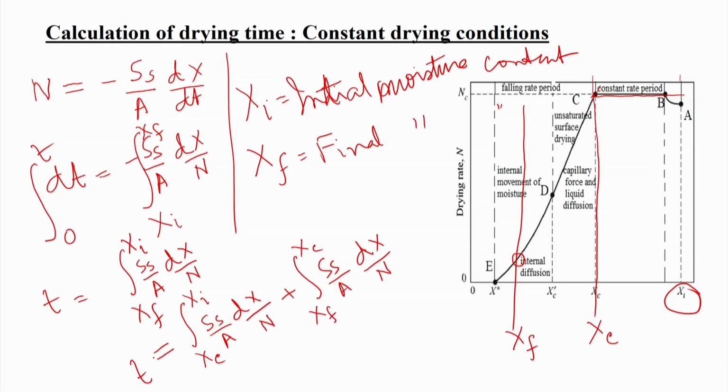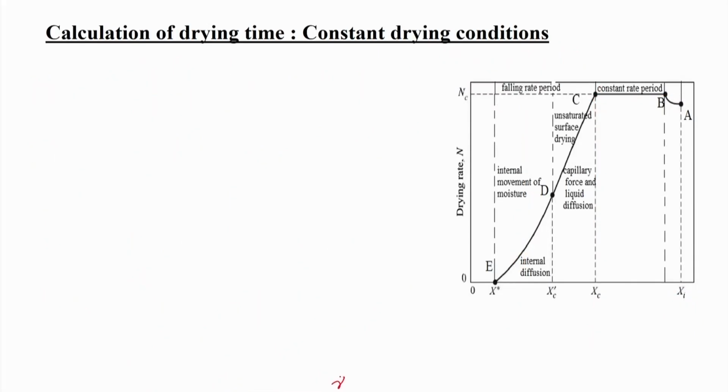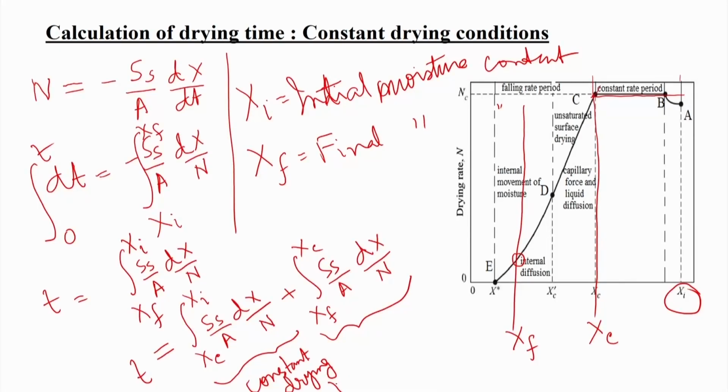This part is for the constant drying period, and this is called the constant drying period. This other part is the falling rate period. So, the total time will be like this.